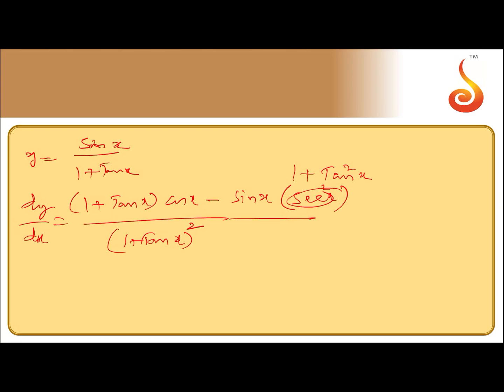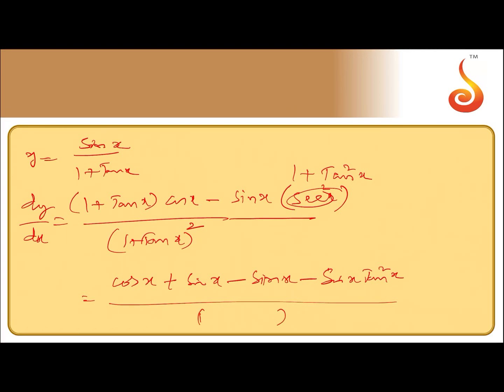When you simplify this, it is cos x plus sin x minus sin x minus sin x into tan square x, divided by (1 plus tan x) taken whole square.